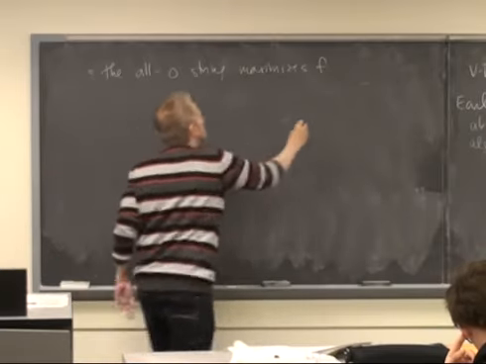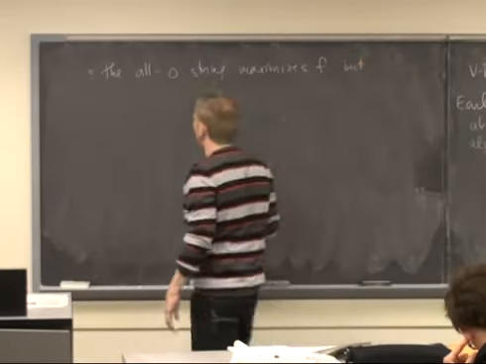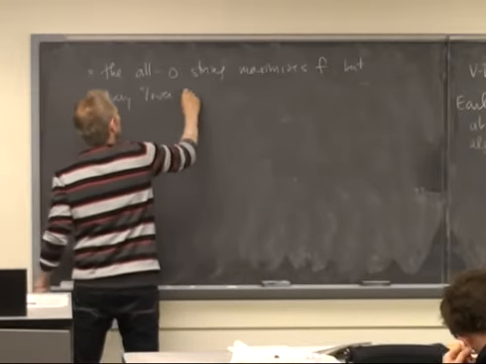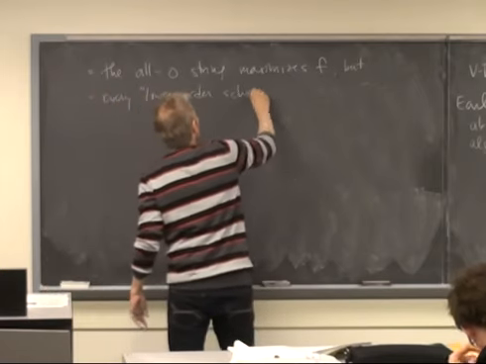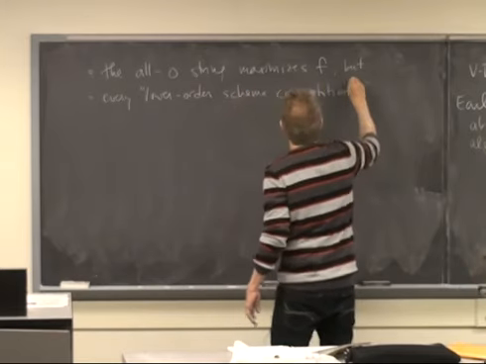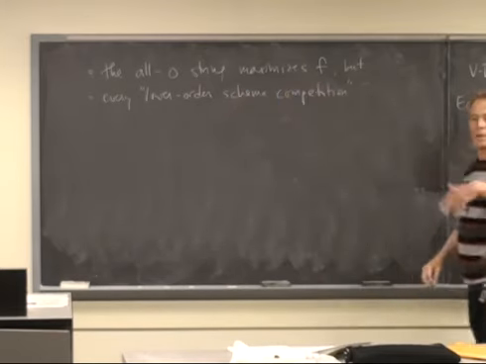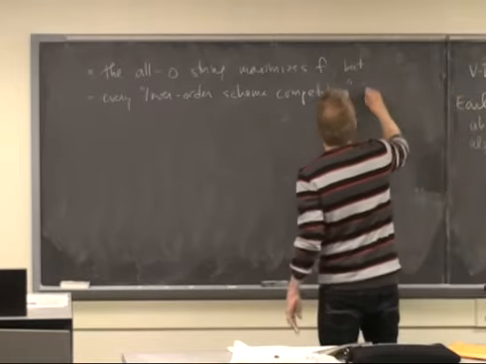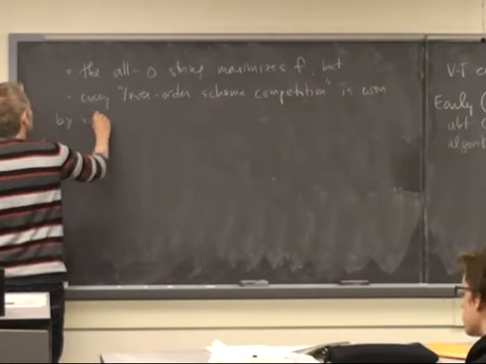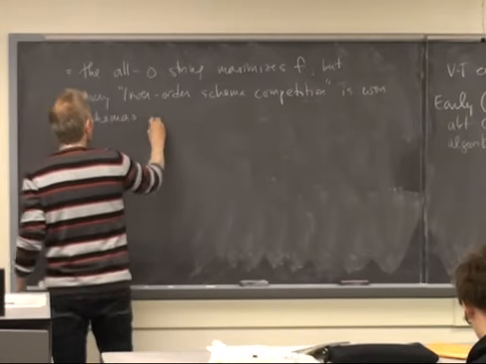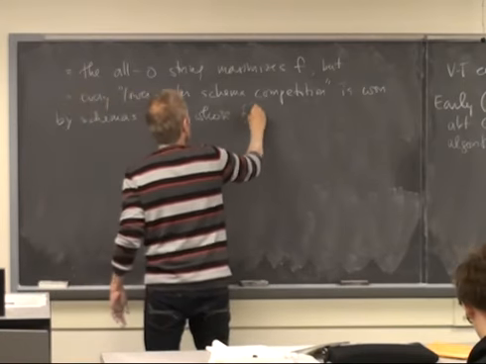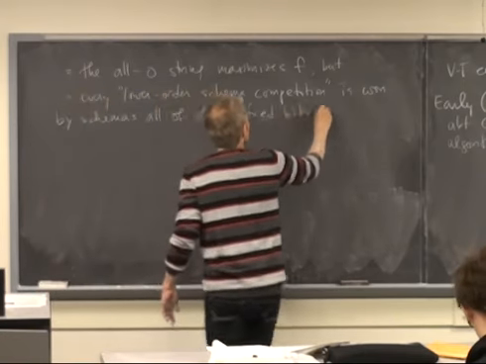But every quote-unquote lower order schema competition, and those are the things that Holland thinks of as running in parallel with each other, this implicit parallelism idea, is won by schemas all of whose fixed bits are 1s.